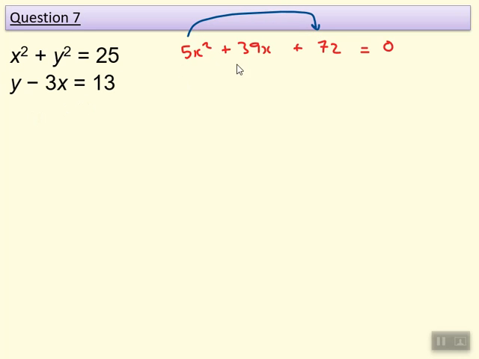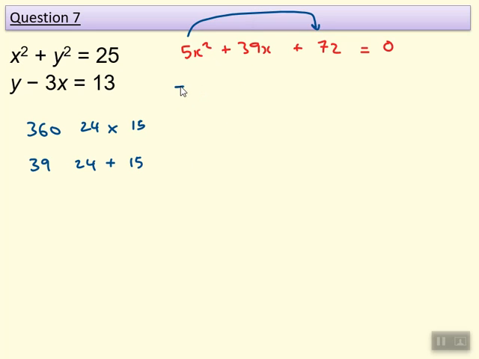So 5 times 72 is 360. And so we need to find two numbers that multiply to that and add to the middle number. Now it's tricky to find those two numbers that multiply to 360 and add to 39, but they are 24 and 15. It takes a bit of trial and error to figure out what they are, and you do need to know your times tables quite well in order to do it.